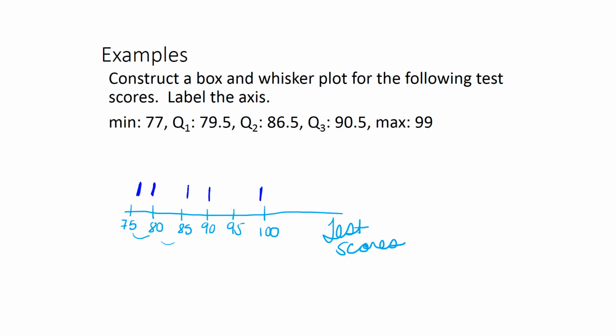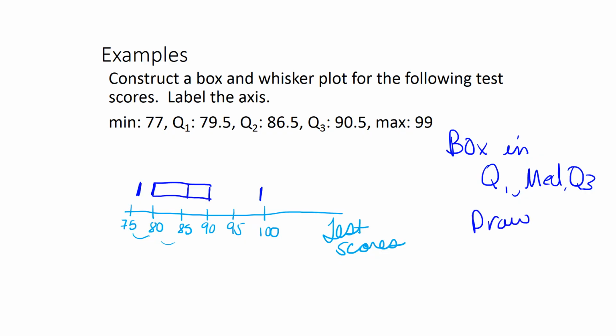Remember, you put these little vertical bars above the axis to represent the 5-number summary, and then you box in Q1, the median, and Q3, the 3 middle values, and draw whiskers out to the min and max.